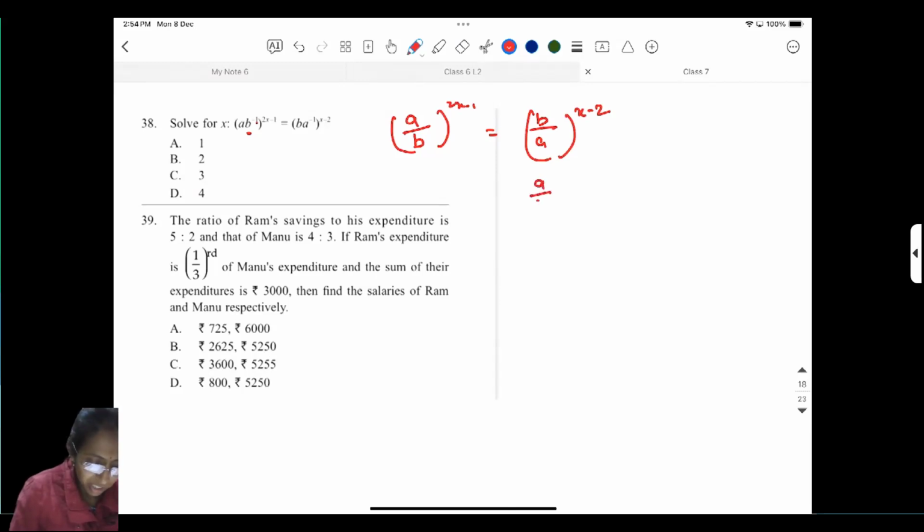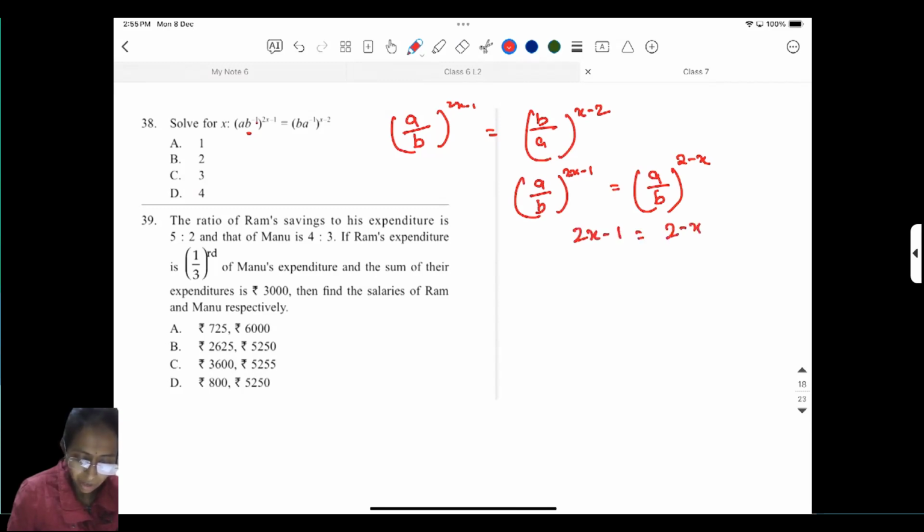So we can write it as A upon B to the power 2x minus 1 is equal to A by B whole power negative of x minus 2. That means 2 minus x. Now the bases are same, so we can equate the powers. That means 2x minus 1 is equal to 2 minus x, or 3x is equal to 3. That means x is equal to 1.